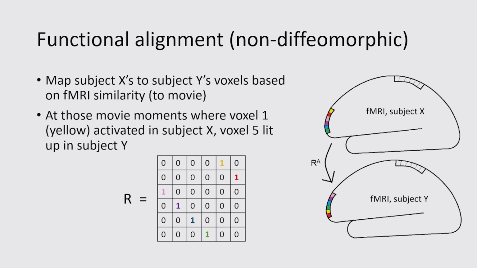And that's basically saying that the first voxel in subject X is doing the same thing as the 5th voxel in subject Y. Now, this matrix is a permutation matrix. It has a lot of zeros everywhere, but we don't necessarily need to be that restrictive. There are different methods, like Procrustes alignment or optimal transport, that can discover a more dense matrix, where we say that a single voxel in subject Y is predicted by a linear combination of voxels in subject X.